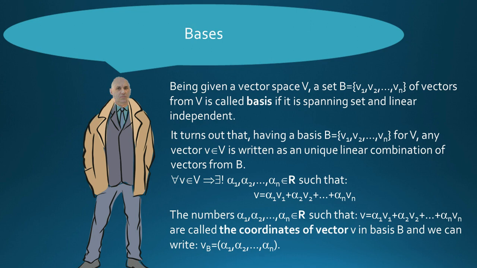These numbers are called the coordinates of vector v in basis B, and we can write v_B = (alpha 1, alpha 2, ..., alpha n).